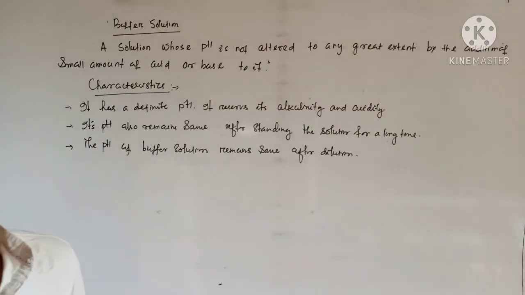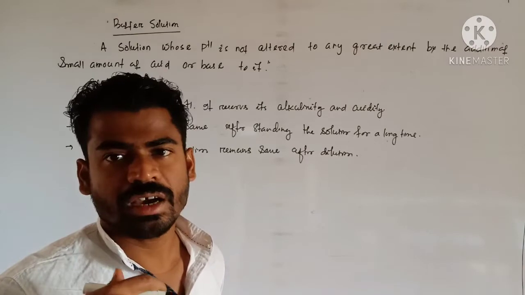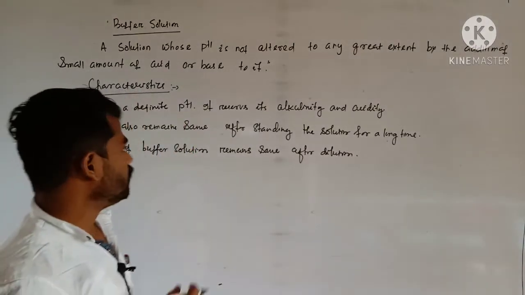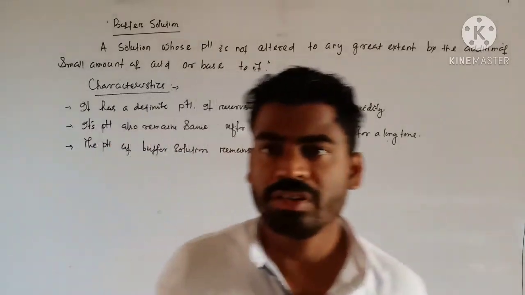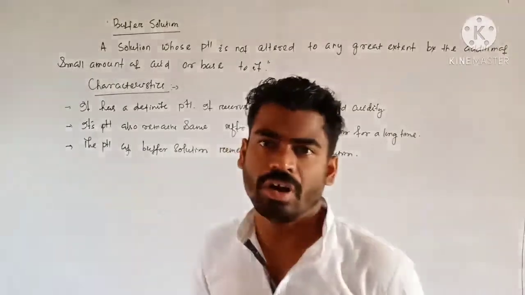So the main important characteristic is that it never changes its hydrogen ion concentration, or you can say pH, even after dilution, or if you keep the solution for a long time, pH remains the same. So this is called buffer solution.